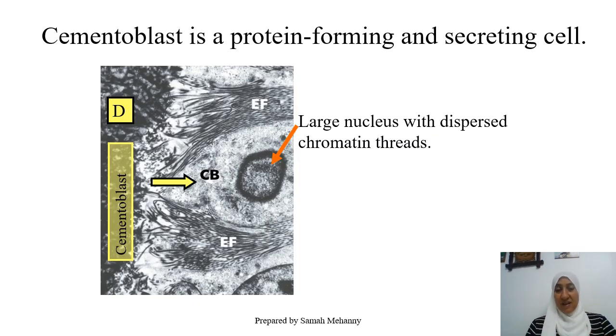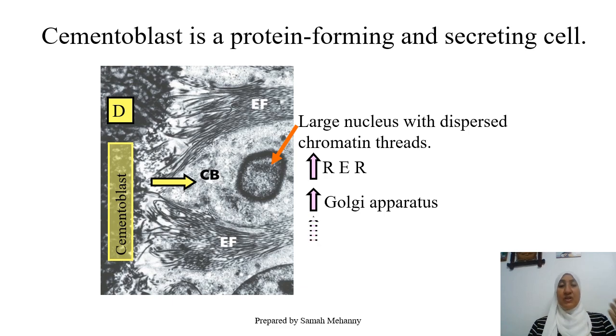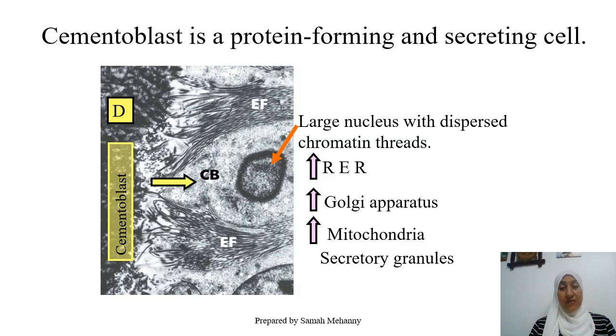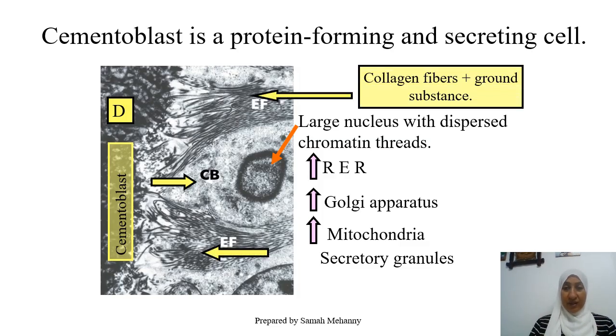The nucleus is large with dispersed chromatin threads, meaning that multiple messenger RNAs are formed inside the nucleus, then transferred outside the nucleus to the rough endoplasmic reticulum. Thus, we have a huge amount of rough endoplasmic reticulum, Golgi apparatus for the secretory granule products, mitochondria for energy, and of course the secretory granules.